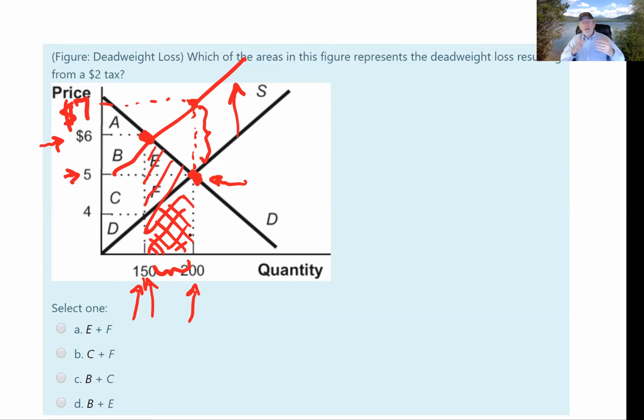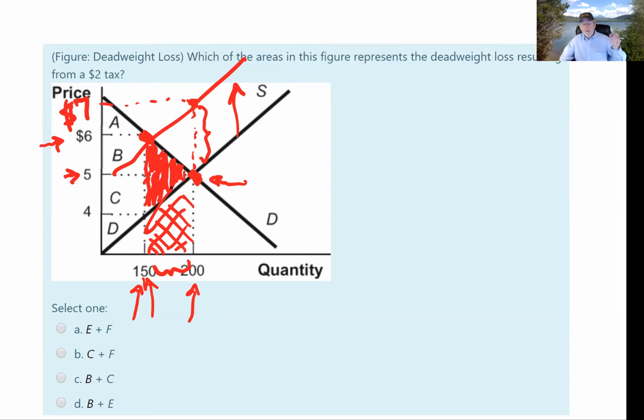So the gains that could have been achieved would be the difference between what those units were worth to consumers and what they cost producers. And so the gains on those last units would be these two, or this triangular area here, and I've covered it up, but this was area E, this was area F, okay?